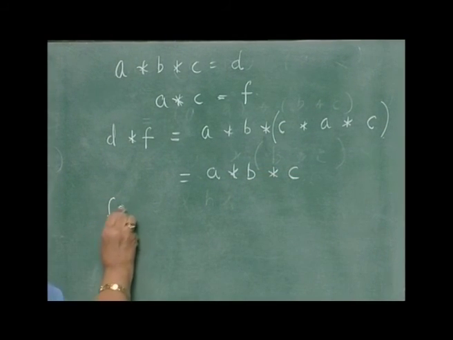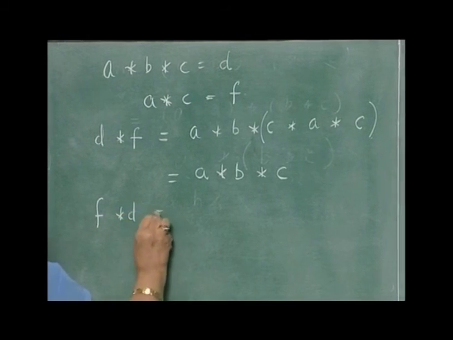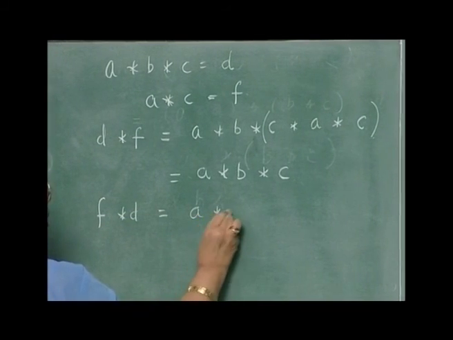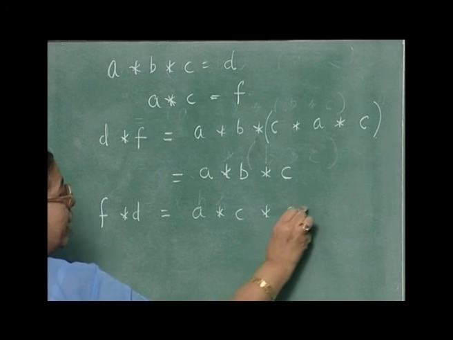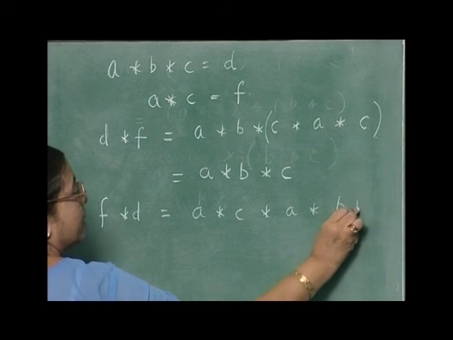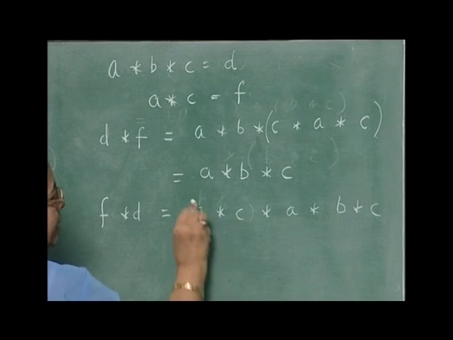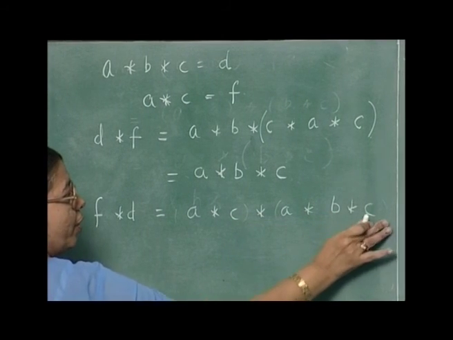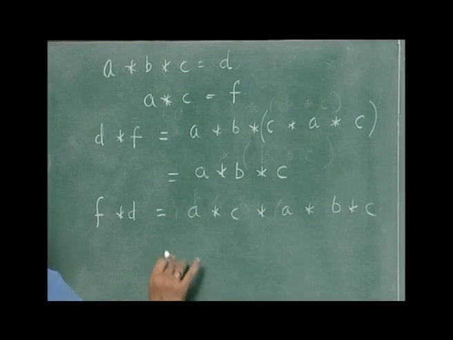Now, what can you say about F star D? That will be A star C star A star B star C. Because of associativity you can remove the parenthesis and write like this.